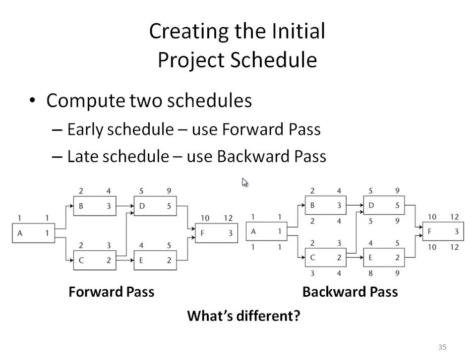To create the initial schedule or network diagram, we compute 2 schedules. We need to compute the early schedule, which can be done using the forward pass, and the late schedule, which can be calculated using the backward pass. Those 2 shapes here show the 2 different passes or calculations.